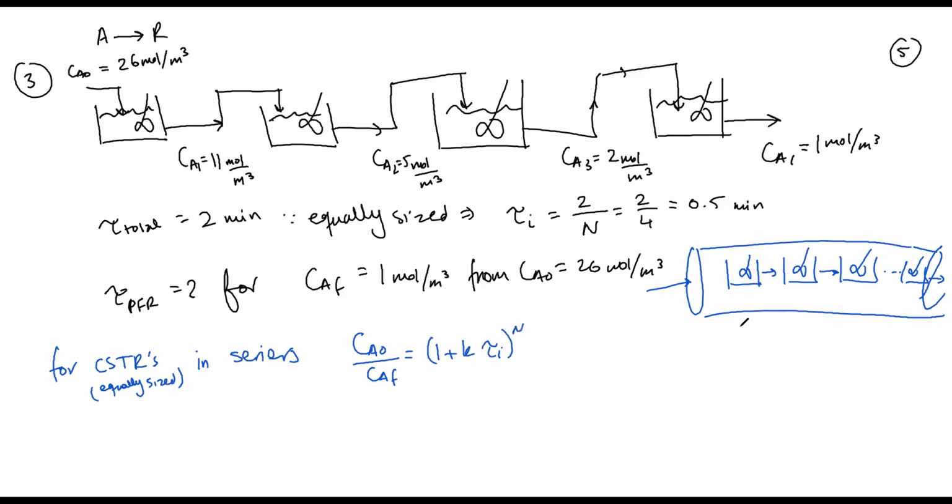And if you recall, what we did is CA0 over CA1 multiplied by CA1 over CA2, up to CAn minus 1 over CAn, and all these terms cancel out in the middle, and you just end up with this final expression.